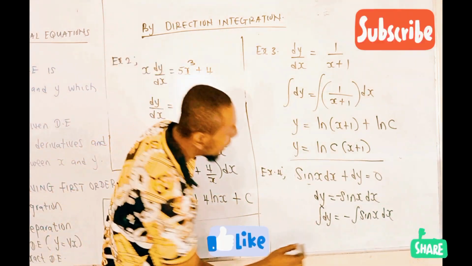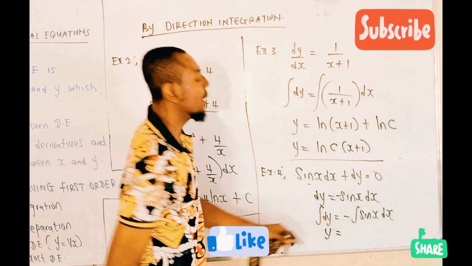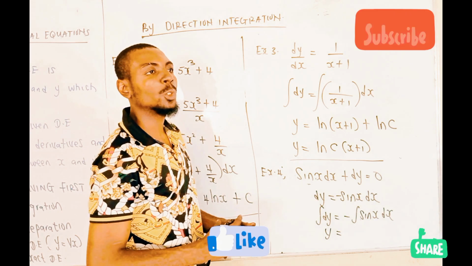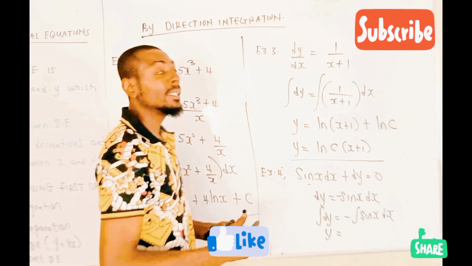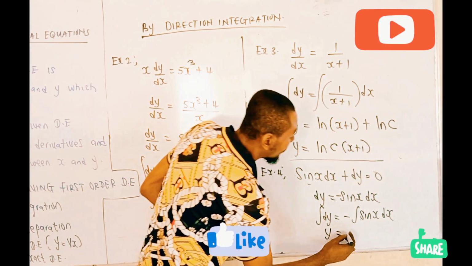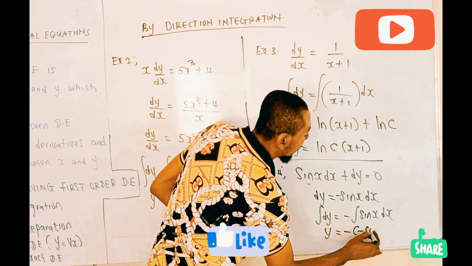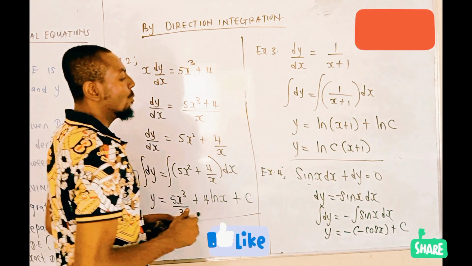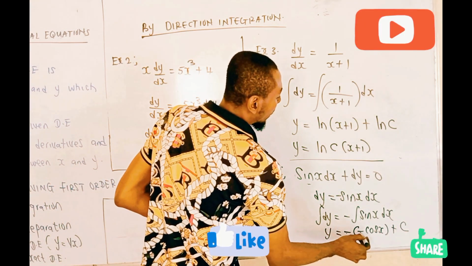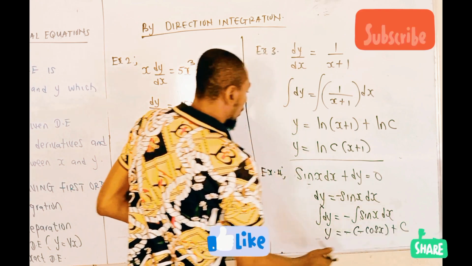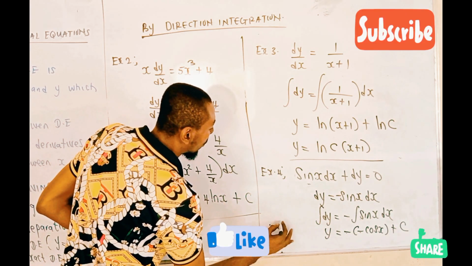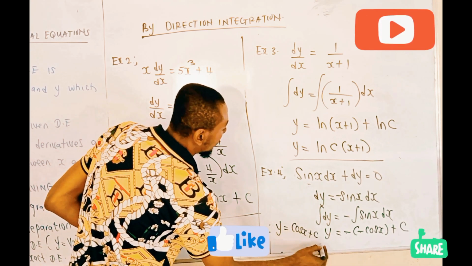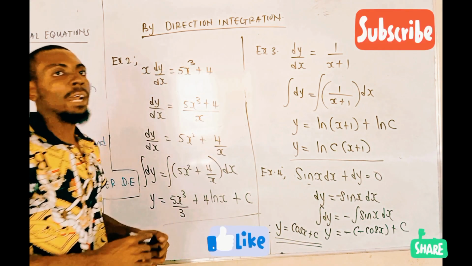Integrating dy is y, equal to integrating sine x, which is minus cos x. So we have negative times negative cos x plus c. Negative times negative is positive, so we have our answer: therefore y is equal to cos x plus c. That is the final answer.